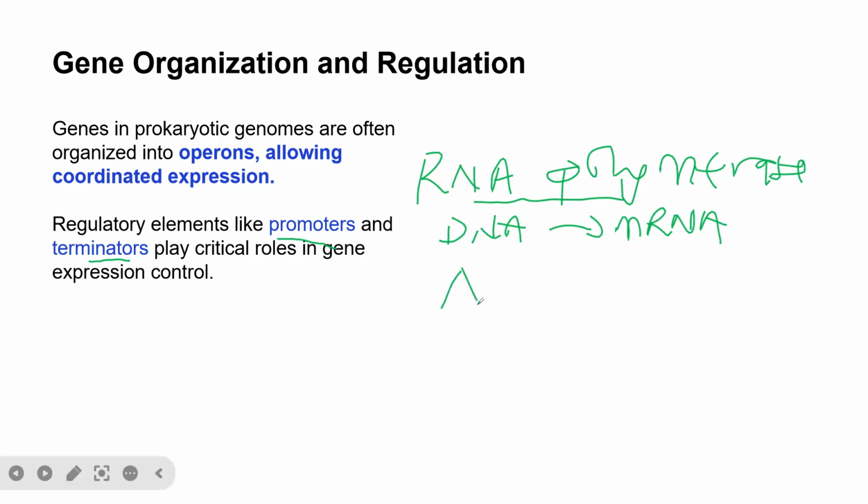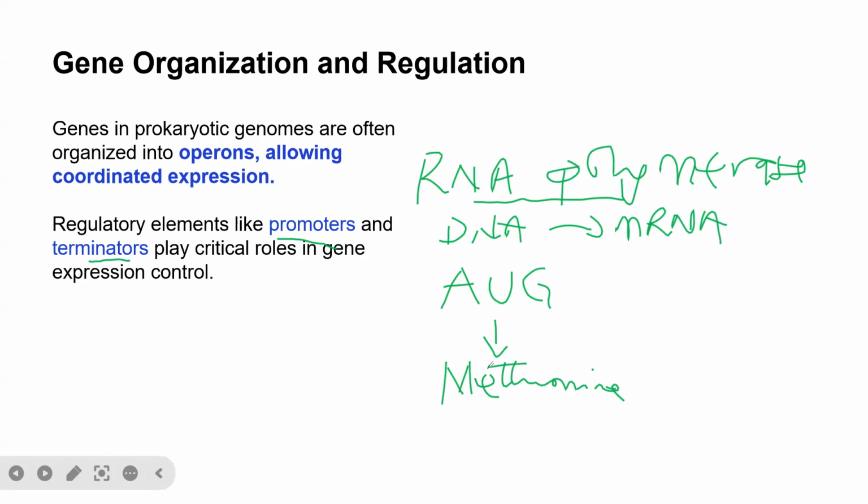So the initiation codon is AUG, which codes for methionine as an amino acid. It is the starting amino acid during protein synthesis.